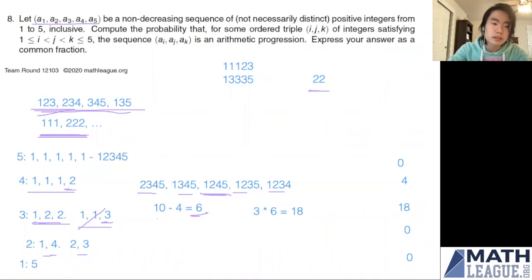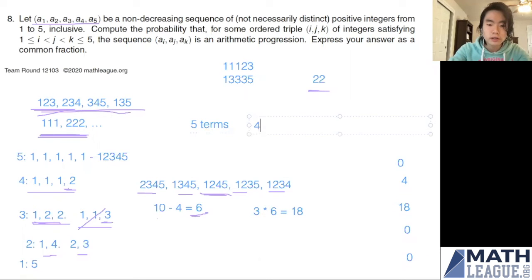And so we simply need to subtract this number from the total number of non-decreasing sequences. To find the total number of non-decreasing sequences, we note that we have 5 terms and 5 possible elements. And then we can use the balls and sticks method. To divide 5 terms into 5 groups, we need 4 dividers.